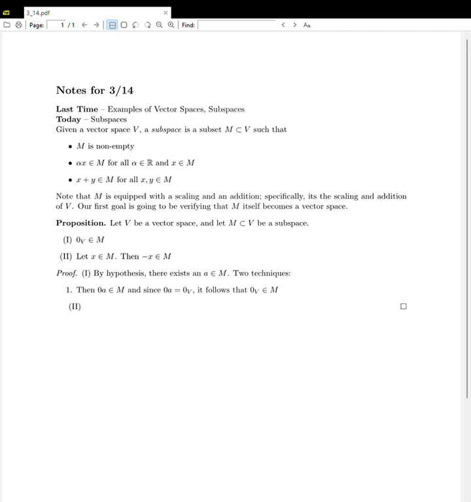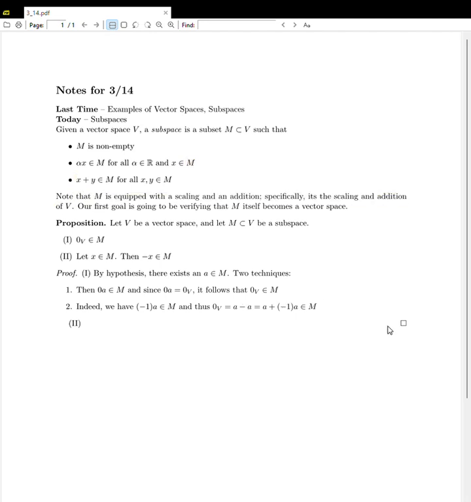Because the proof that I had was the following. The proof that I did was this. So I used both of the hypotheses. I used both the scaling and the adding. So the method of attack that I did was the following. Specifically, using the fact that scaling by -1 gives you the negative, and then I've also got addition, so you can put them together like that.